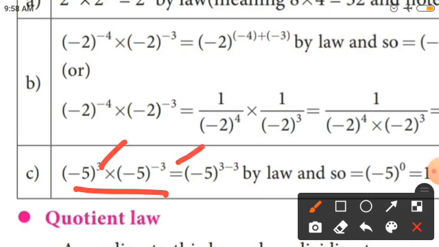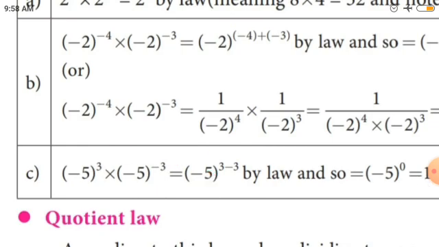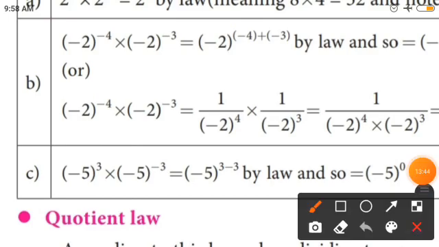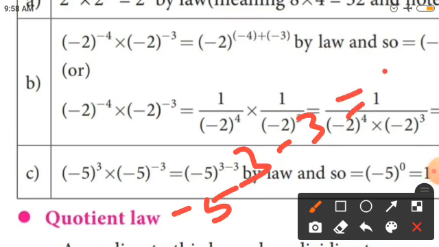That is equal to, the base is the same, (-5) power 3 plus -3, that is equal to 5 power 0. Anything power 0 is equal to 1. Okay, right.